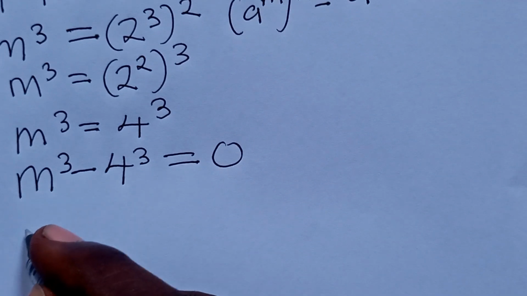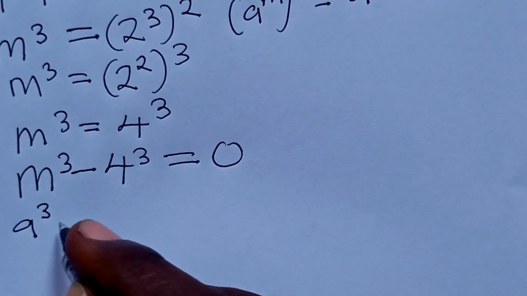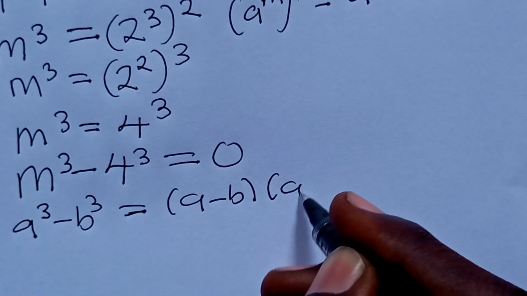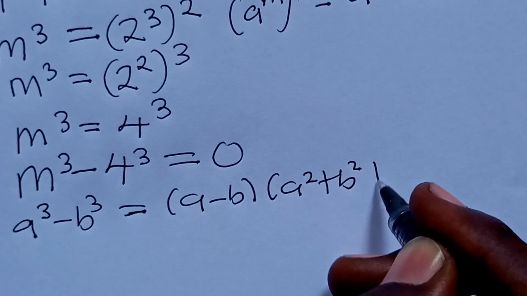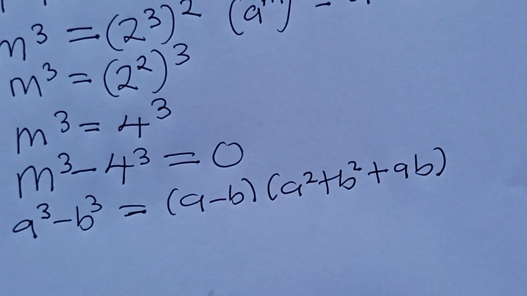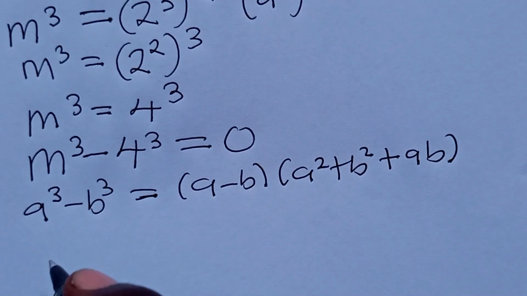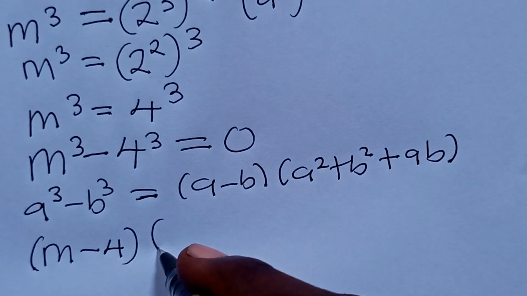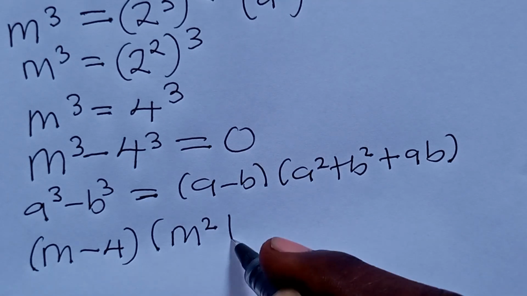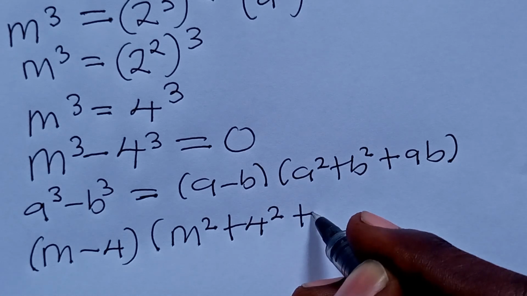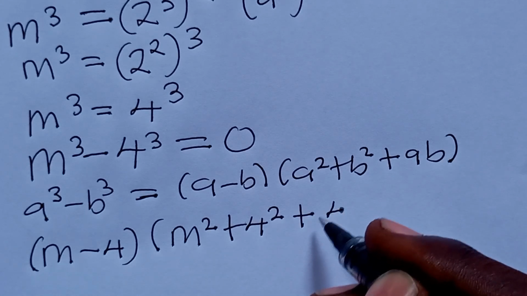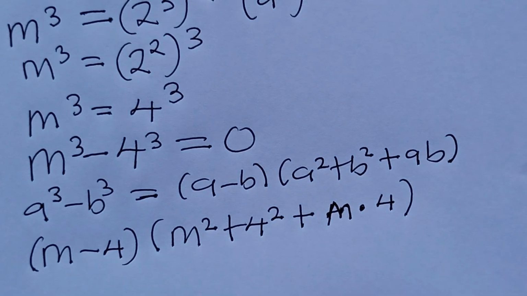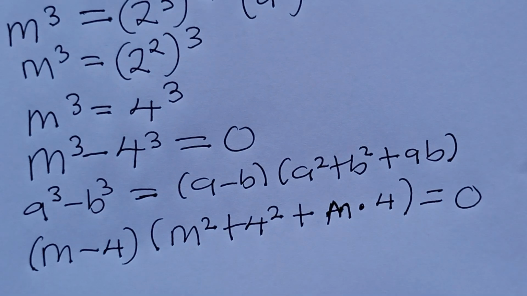But remember, when we have a difference of two cubes, a cubed minus b cubed, it's the same thing as a minus b into a squared plus b squared plus ab. So applying that here, we're going to have m minus 4 into m squared plus 4 squared plus m times 4, equal 0.